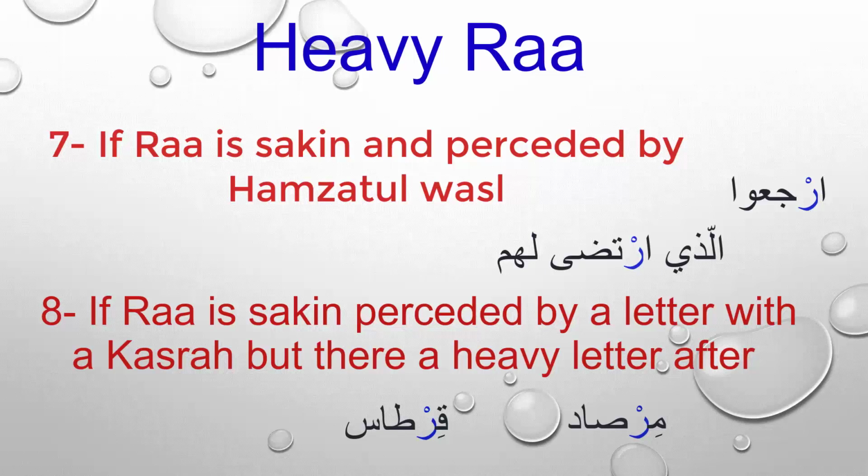Ra is heavy in 8 cases: if it has fatha; if it is a second letter with fatha before; if it has sukun and is preceded by a letter with dhamma; if it is a second letter and there is dhamma before; if it's a second letter preceded by a second letter and there is dhamma before them; if Ra is second letter preceded by a Hamzatul Wasl; and last, if Ra is a second letter preceded by a letter with a kasra, but the following letter is heavy. The letter that comes after Ra is heavy, so it's gonna be heavy too.